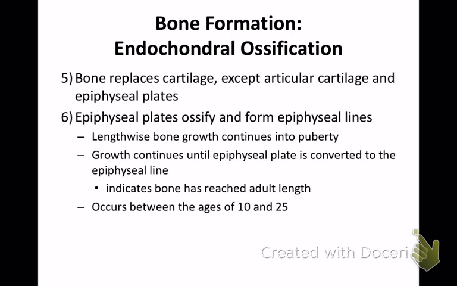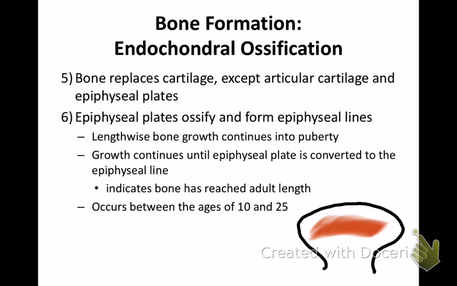Okay, so again, looking at the end of a bone, where do I have cartilage left? I've got bone in the middle, right? And I've got bone on the shaft. So I have cartilage on the surface, and I have cartilage in between my primary and secondary ossification centers.